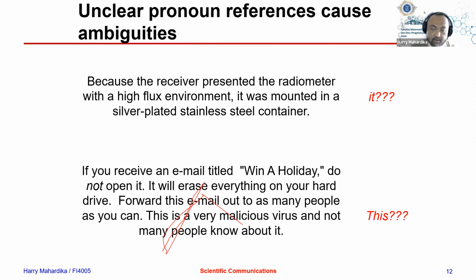And then here in this example, if you receive an email titled "Win a Holiday," and so on, the final sentence, "this is a very malicious virus and not many people know about it," what "this" is referred to. And then "this" with a small t. What is the difference between this and this?